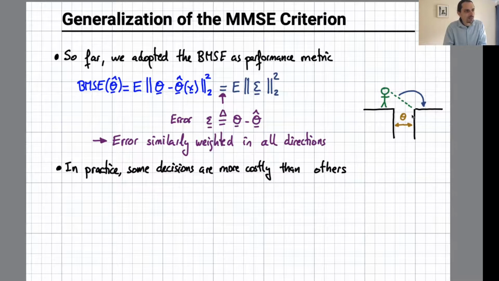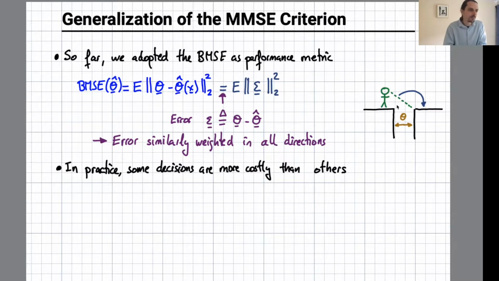However, if we underestimate theta, for instance, theta is 2 meters as before, but our estimate is 1.5 meters, then we fall in the hole and we die.